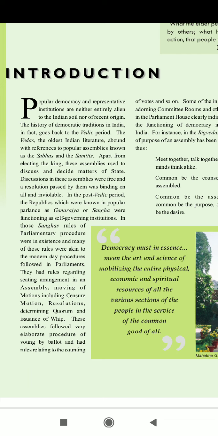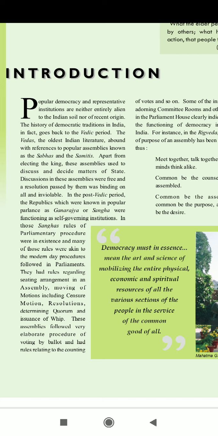Apart from electing the king, these assemblies used to discuss and decide matters of the state. Discussions in these assemblies were free, and resolutions passed by them were binding on all and inviolable. In the post Vedic period, the republics, which were known in popular parlance as Ganarajya or Sangha, were functioning as self governing institutions.